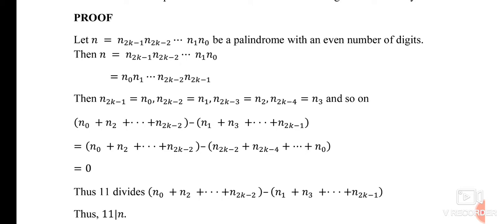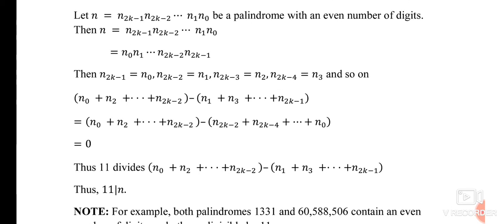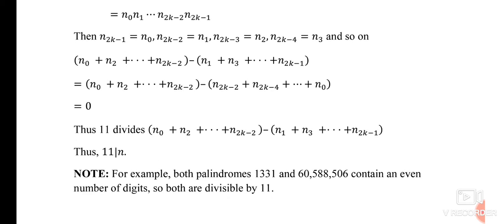So substitute all these values. Note that these two summations are equal, so the difference of these two summations is 0. So 11 divides 0. So we get that 11 divides the sum of digits at odd positions minus the sum of digits at even positions. So by the above result, 11 divides n.